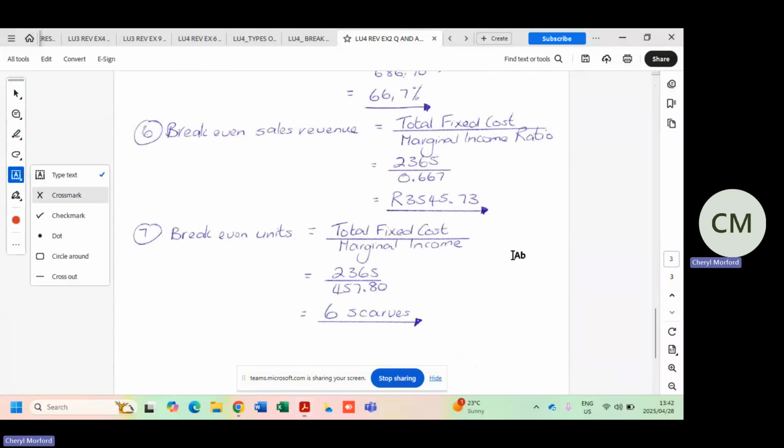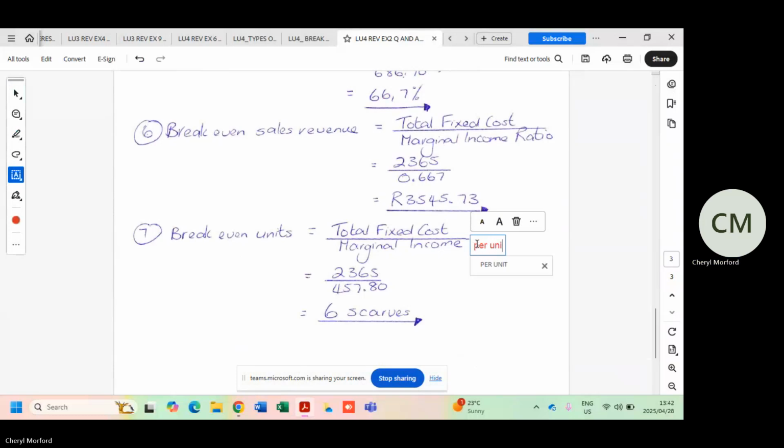I should actually have typed in per unit over there. Let me just do that. Sorry, a bit of a silly, careless mistake there. I was in a rush. So total fixed cost divided by marginal income per unit.